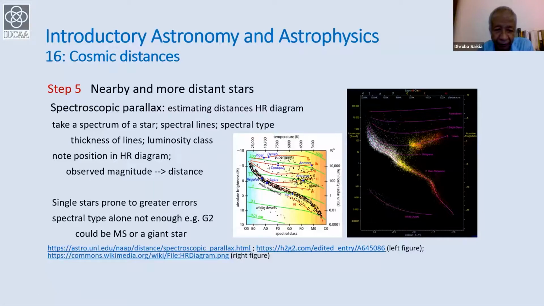So it's not just the spectral type of the star that I need to classify, but I also need to know the luminosity class.